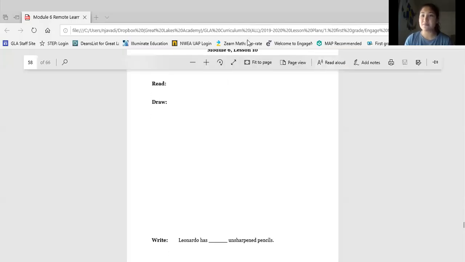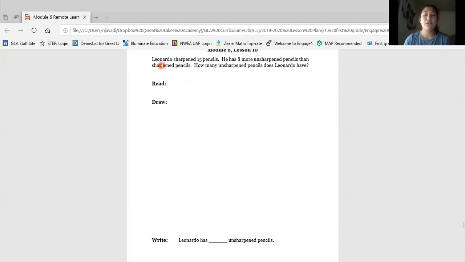We're going to read the first problem together, then you're going to solve on your own, and then we'll solve it together. We're reading on 2-1-2. Leonardo sharpened 15 pencils. He has 8 more unsharpened pencils than sharpened pencils. Whoa, that was a lot. This problem is telling us that Leonardo has 15 sharp pencils.